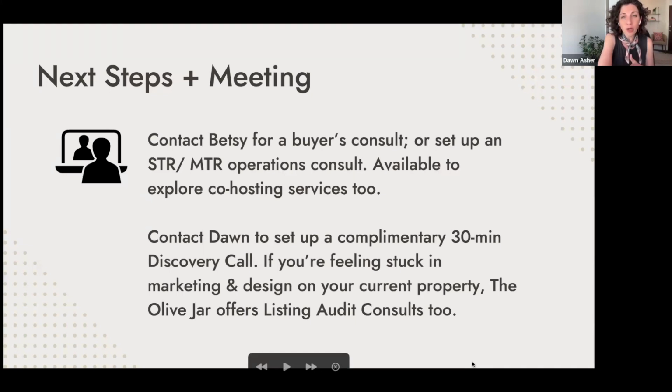We can walk through those with you and then return a blueprint or roadmap for implementing those changes in a phased approach. So reach out to us for either of those things. And of course, we offer our full-service marketing, design, and hospitality offerings as well.